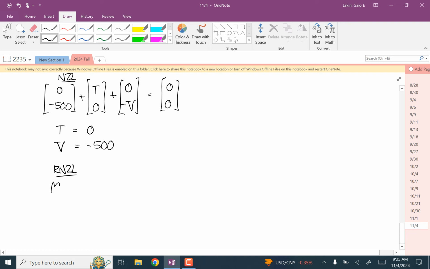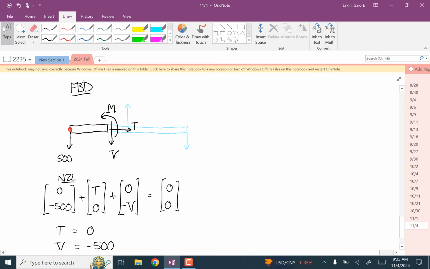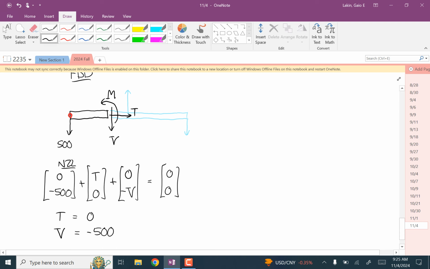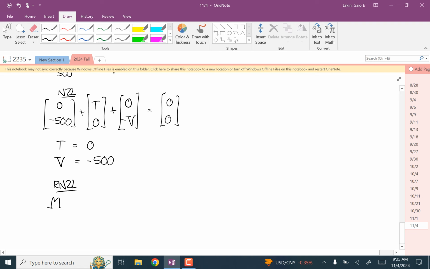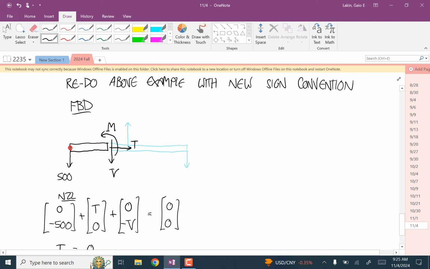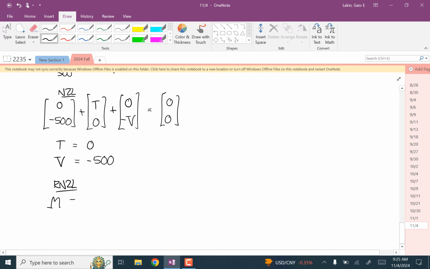The M does, and you know that M is counterclockwise. That's why it's positive in the moment equation. For this V, we got plus or minus the moment arm times V.